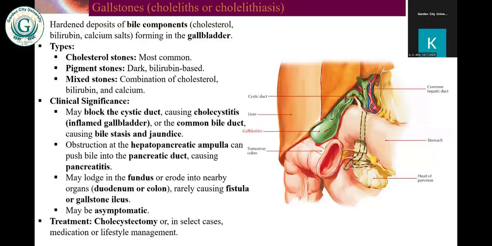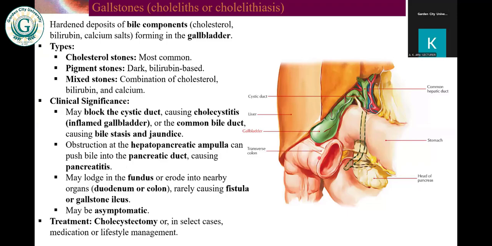It can also get stuck here, the junction between the bile duct and the pancreatic duct, the hepatopancreatic ampulla. And when that happens, the bile can push into the pancreatic duct and lead to inflammation of the pancreas. Now, gallstones within the fundus can erode into the duodenum, or can erode into the colon.